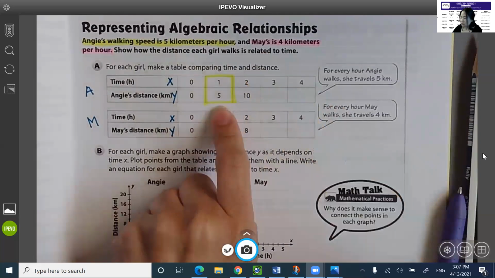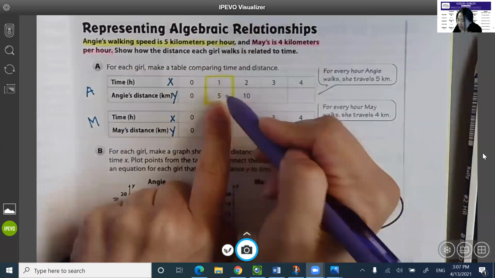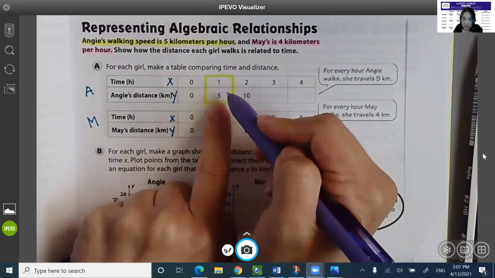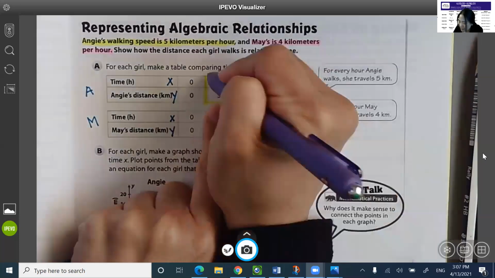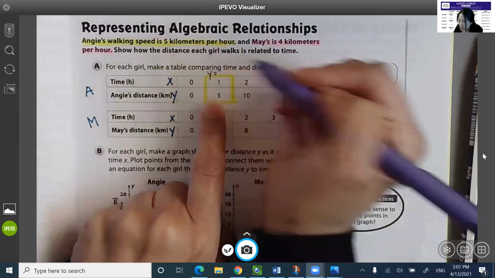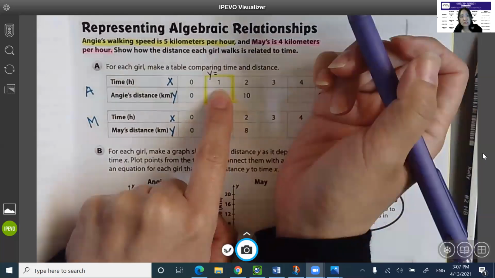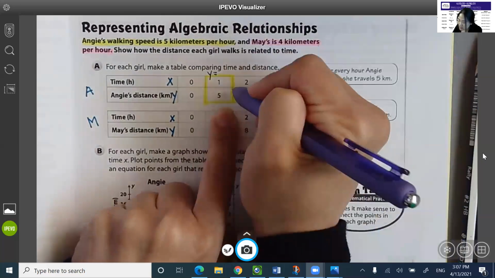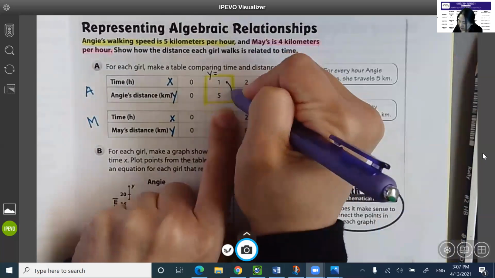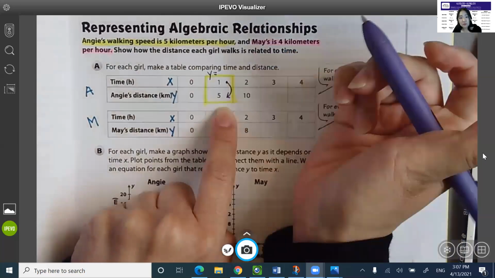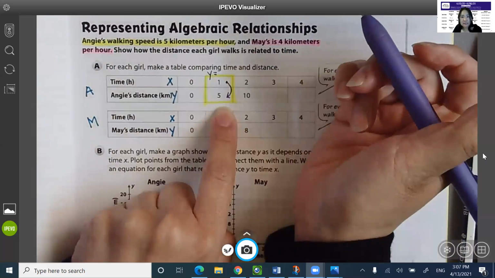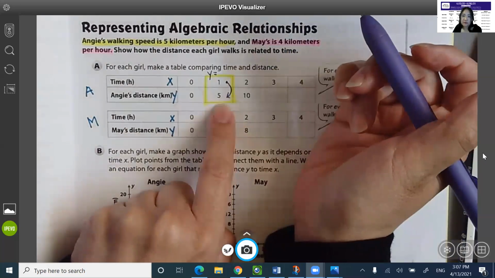The question you want to ask is this: what do you do to x to get y? How did you get 5? What did you do to this number? Hopefully you see that the pattern is 1 times 5 gives you 5. So the relationship is x times 5 gives you the value of y.